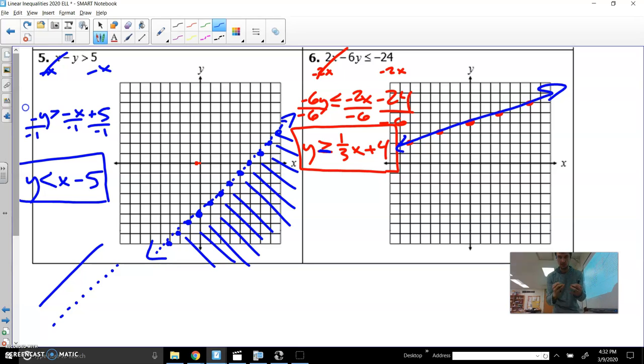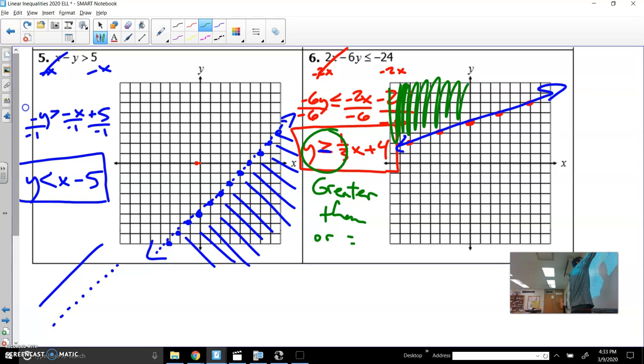Equal signs use a solid line, so or equal will also use that. And now we have to ask ourselves, based on this word, is that going to shade above the line or below the line? And this inequality is greater than or equal. So when it's greater than, hopefully you think greater is up, and so we want to shade above the line.